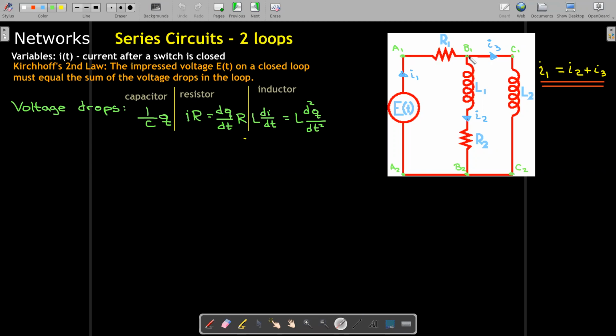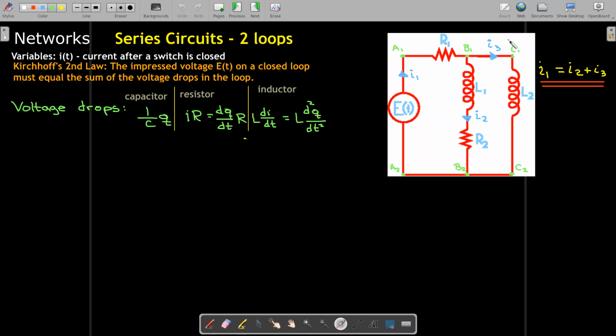At B1, there's a branch. Part of the current is going to continue towards C1, and part of the current will continue towards node B2 at the bottom. So we're going to have 2 different currents after that branch, an I sub 2 and an I sub 3. We don't know how they're divided up.